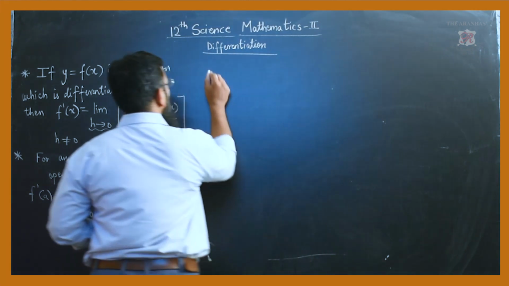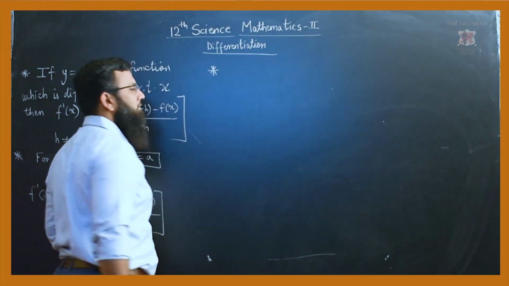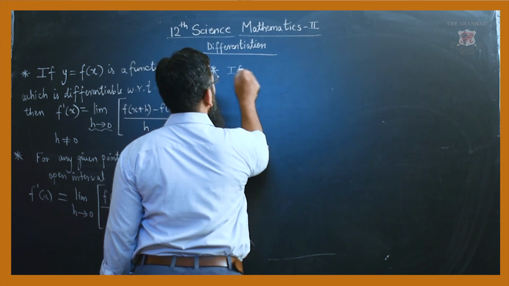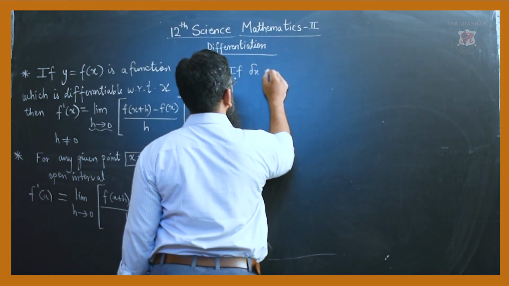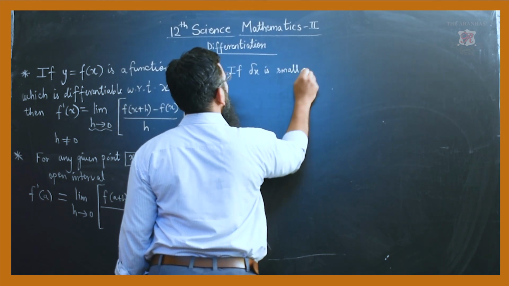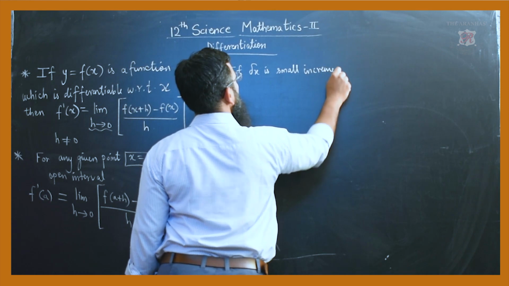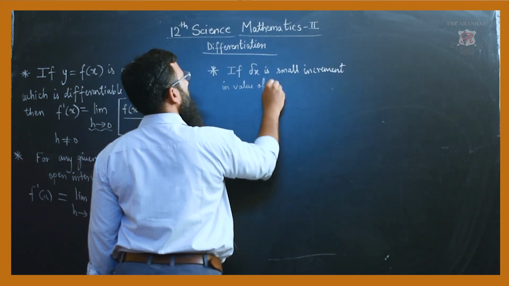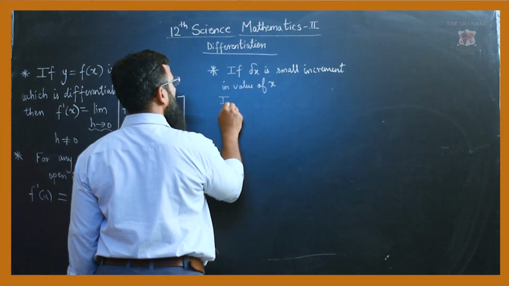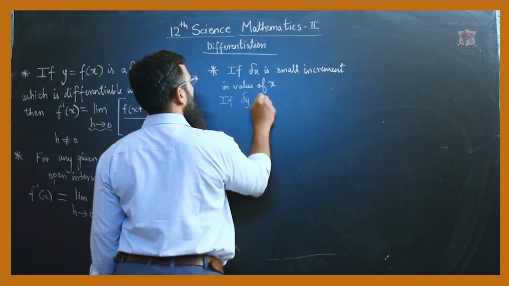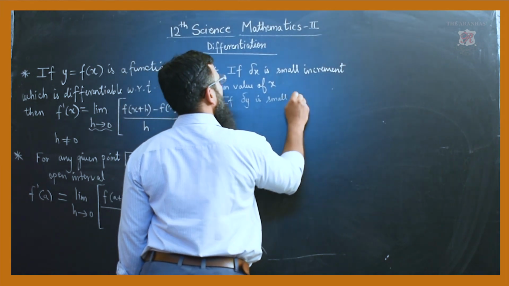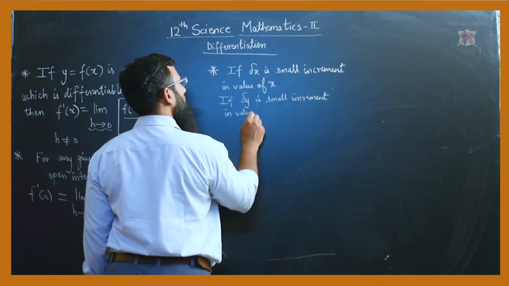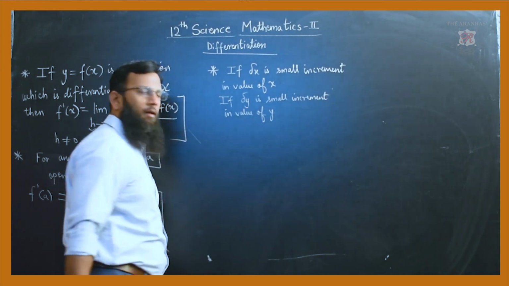And the third point which will help us in defining differentiation is, if delta x is a small increment in the value of x, and if delta y is a small increment in the value of y.